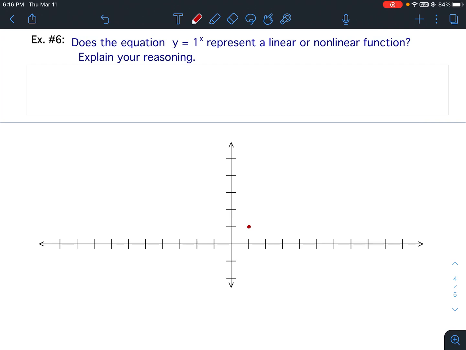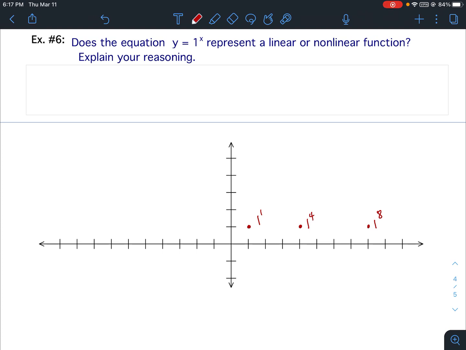Let's plug in 4 for the x. 1 to the fourth power, that would be 1 times 1 times 1 times 1, which is still 1. 1 to the 8th power is still 1.